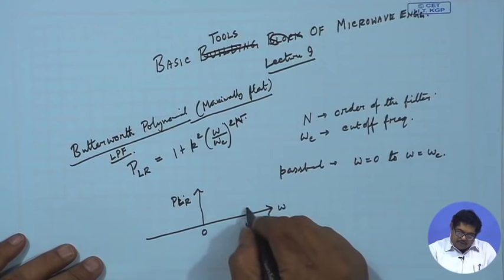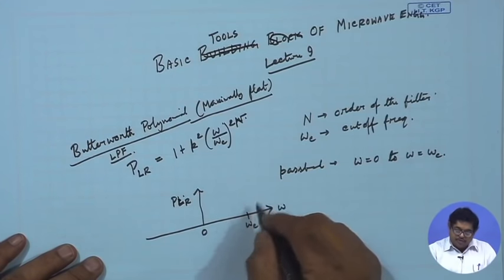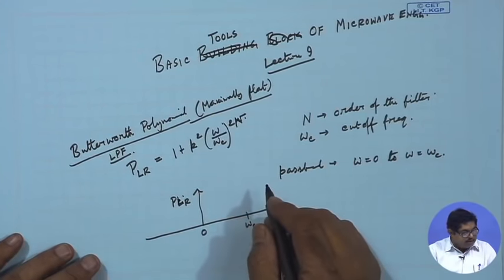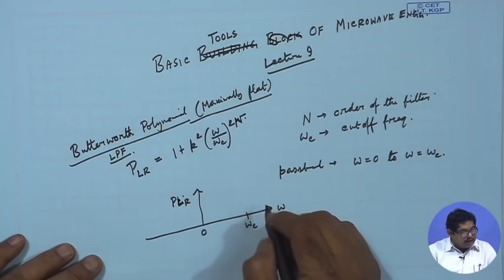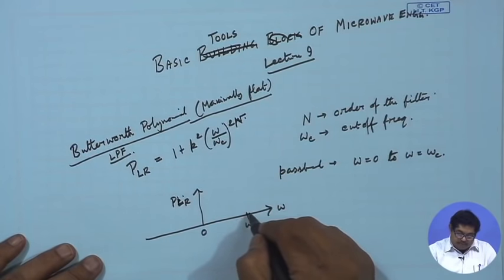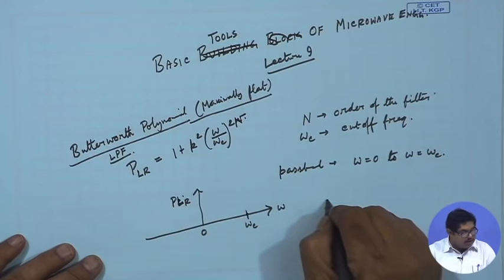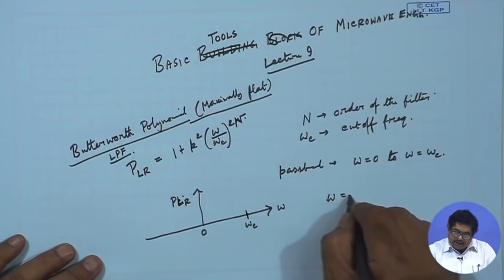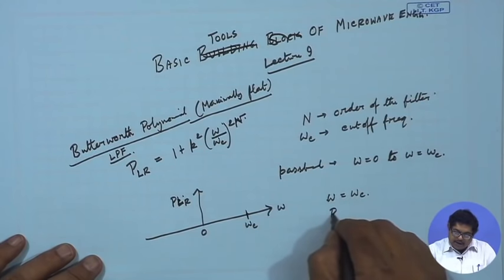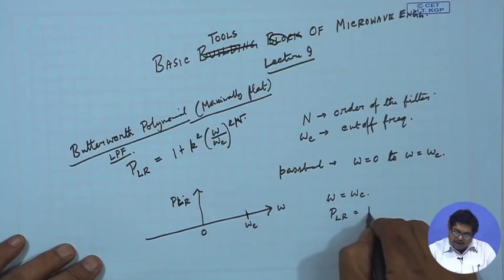Now, from here it will be having some stop band. So, PLR will change, but what is the PLR at this point, that I can find from here. So, at omega equal to omega c, PLR is 1 plus k square.